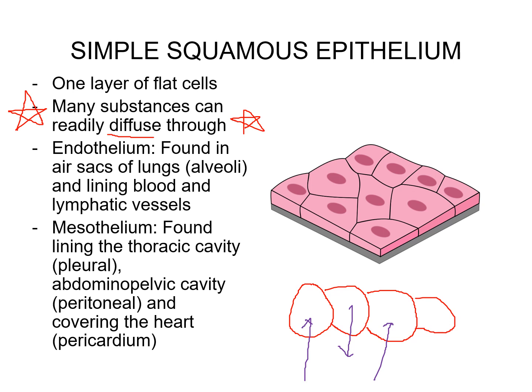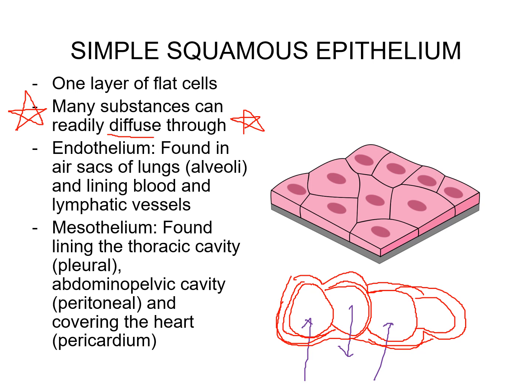These gases naturally just pass through. But what would happen if we had air sacs in our lungs that were made up of stratified squamous epithelium, and we had layers and layers and layers of these air sacs on top of one another? Well, oxygen and CO2 are going to have a lot harder time diffusing, and therefore you're going to have a harder time breathing.